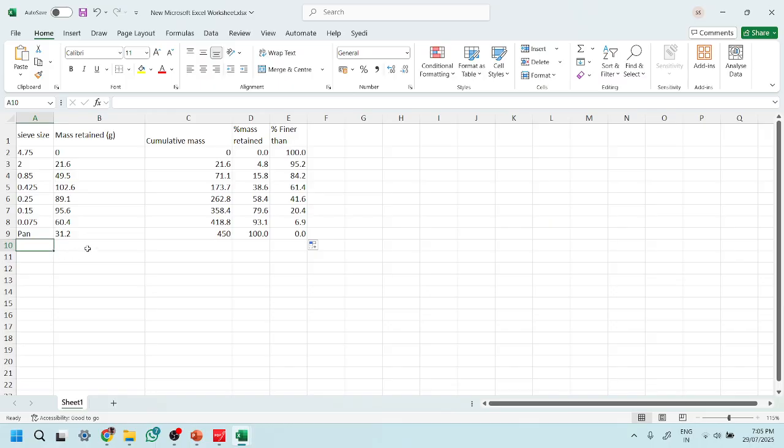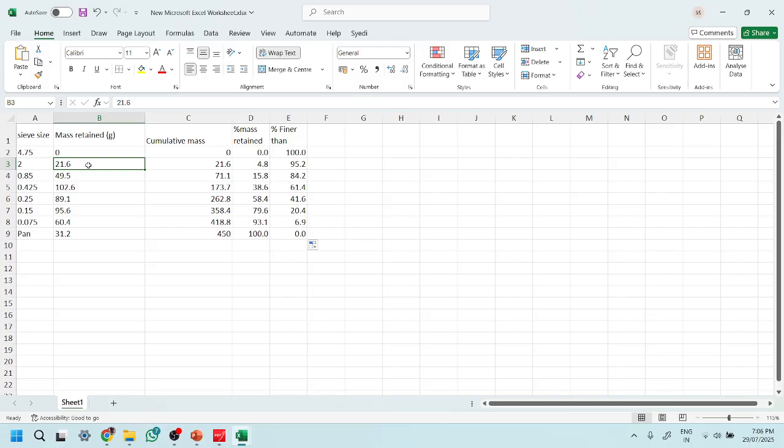It can be an automatic shaker or manual shaking. After that, you weigh the sieve again and subtract the weight of the sieve to get the mass retained. This means that out of, for example, 2 kg, 21.6 grams were retained on the 2 mm sieve. It does not mean that 21.6% of the particles are of 2 mm diameter.